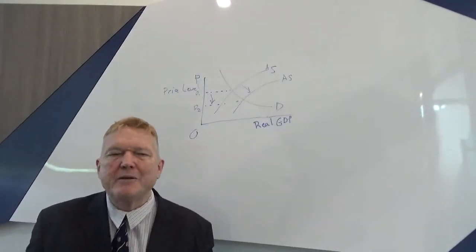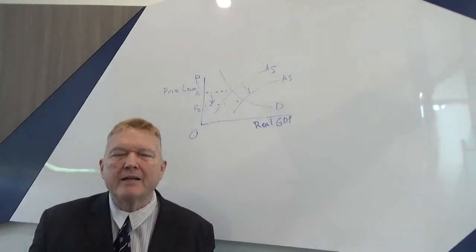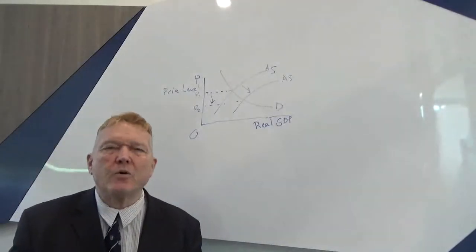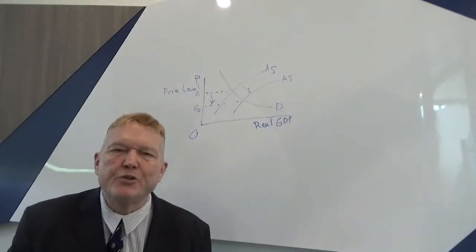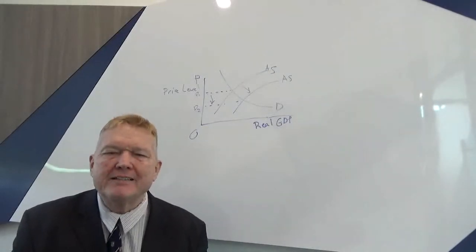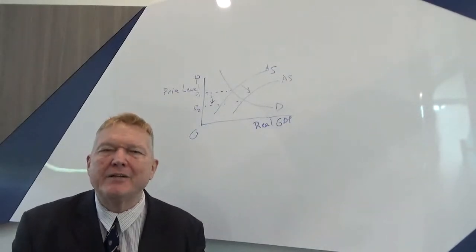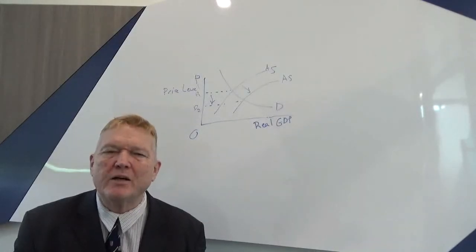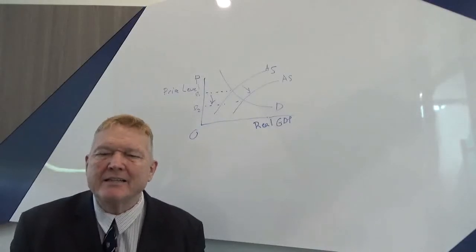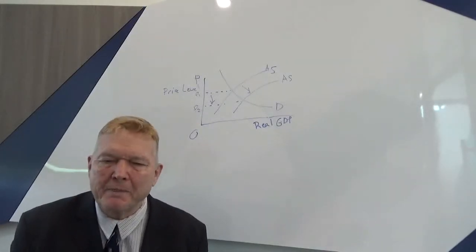A recession is basically an economy that has a zero or negative economic growth over a period of 2 financial quarters. A financial quarter is 3 months, so 2 financial quarters is 6 months. So if you have zero or negative economic growth for 6 months, then you are suffering from a recession. If it's more than 6 months, then you are suffering from a depression.